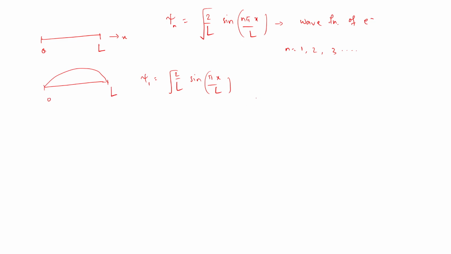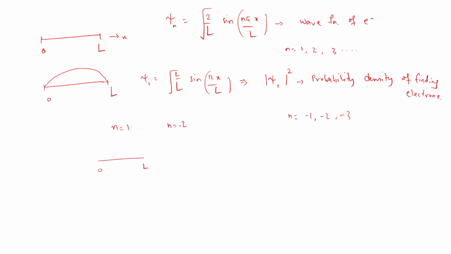The important thing to note is that it is actually the psi 1 mod square which gives you the real physical quantity, which is the probability density of finding the electron. So if n is positive 1, 2, 3 and so on, and we also consider n equal to minus 1, minus 2 and so on, consider n equal to 1 and n equal to minus 1.